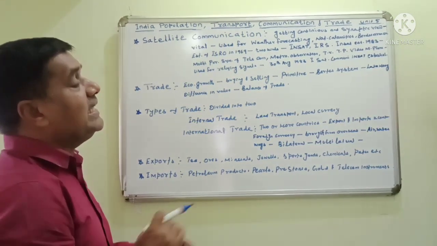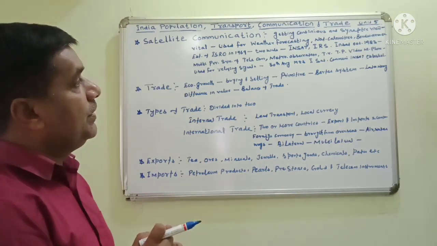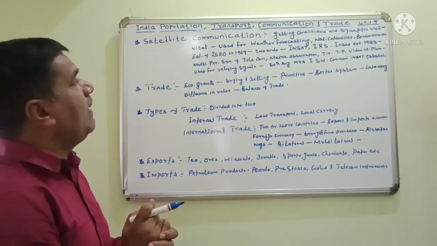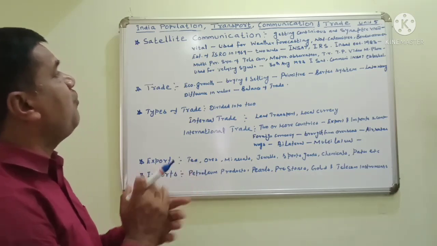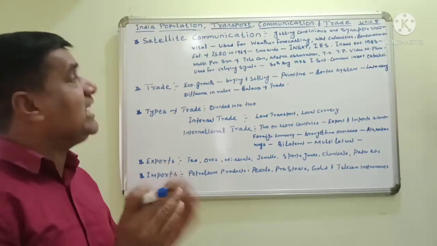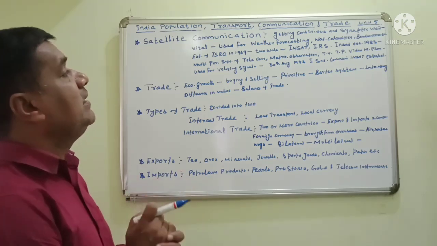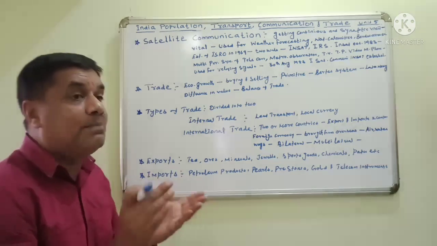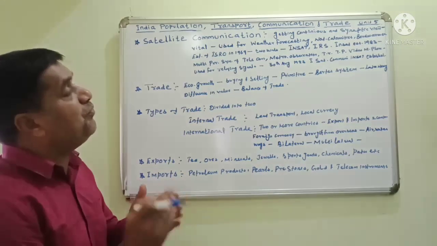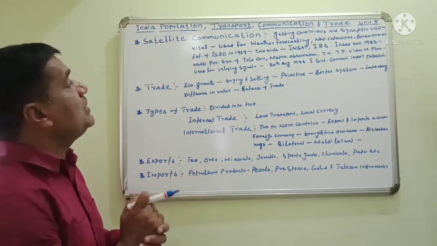Noted. INSAT was established in 1983. INSAT was a development of a multi-purpose system of telecommunication, meteorological observations, and also television, telephone, video, mobile phones.